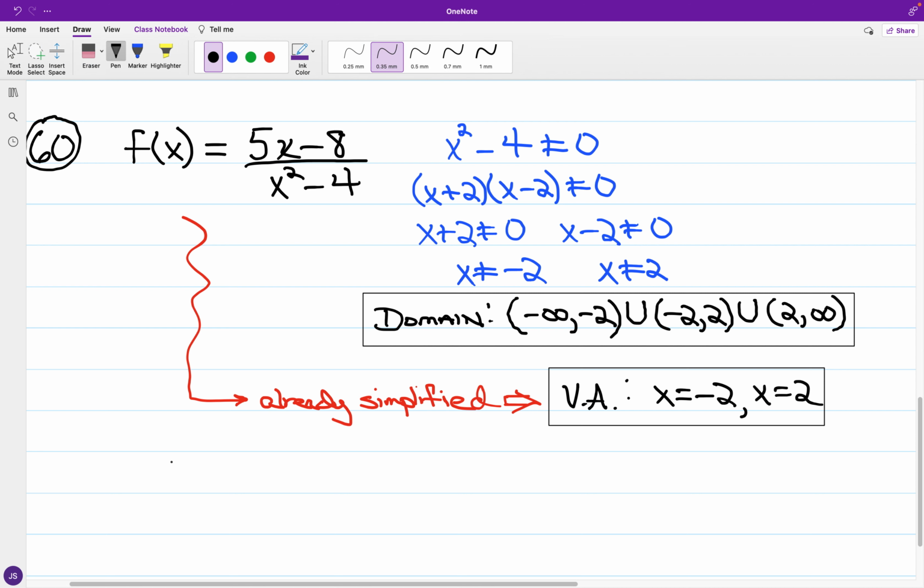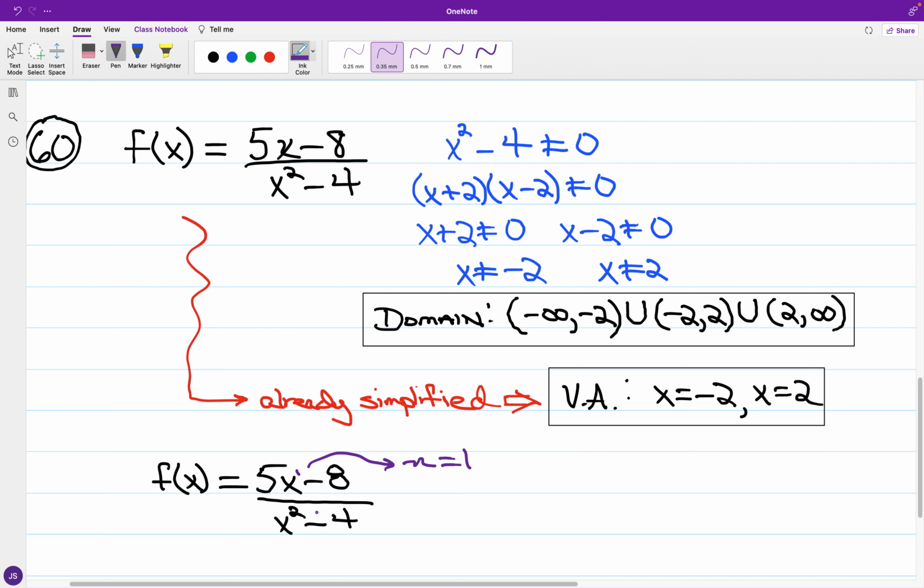And once again, looking at the comparison of degrees between the numerator and denominator, you're going to have, once again, another bit of history to repeat. In the numerator, from 5x, x is first degree, so we have that n is equal to 1.